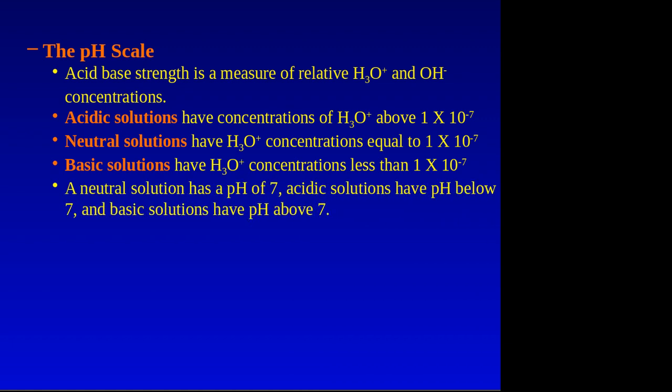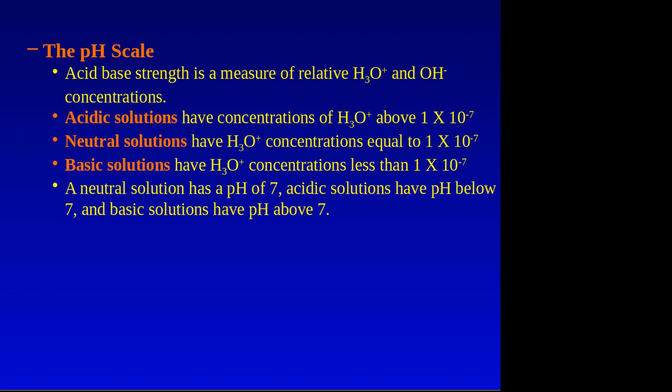And so what they've done is they've made a pH scale. It's a per hydronium. It's measuring how much of this stuff we have. 7 is the middle of the scale, and the 7 comes from the 10 to the negative 7th. So what the pH scale is doing is keeping track of what the negative 7 number is.